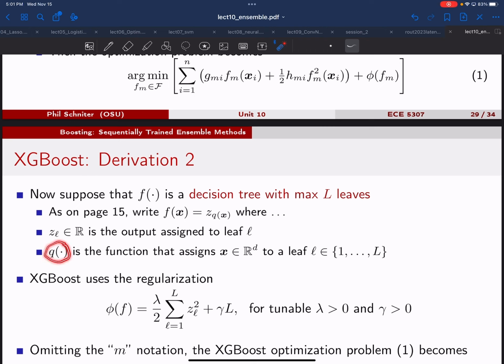And then Q is the more complicated thing. This is the function that takes in your feature vector x and tells you which leaf it ends up at. So this is the part that really has sort of the tree structure. Okay, so f of x we're going to write as z sub qx. Qx is the tree part, zl is just the scalar output in our lookup table. Okay, so that's one thing to note. We're going to use that to solve this.